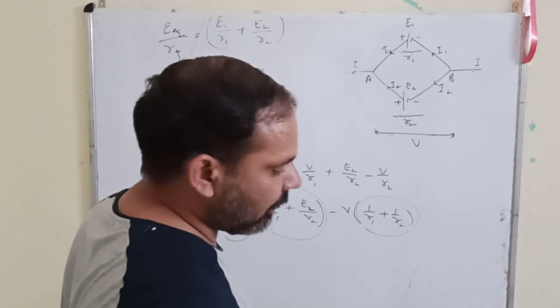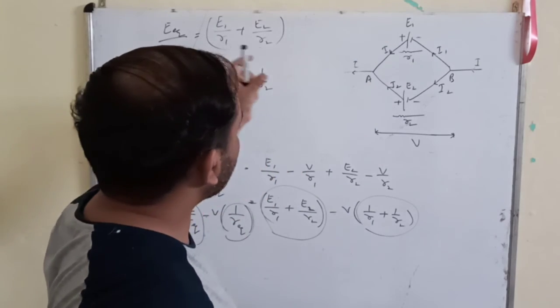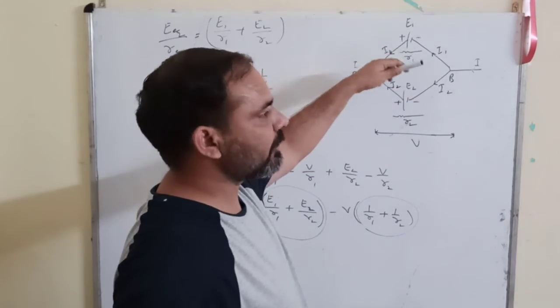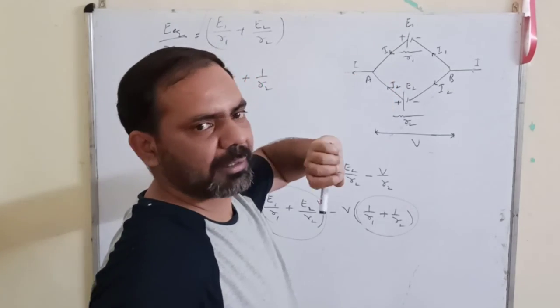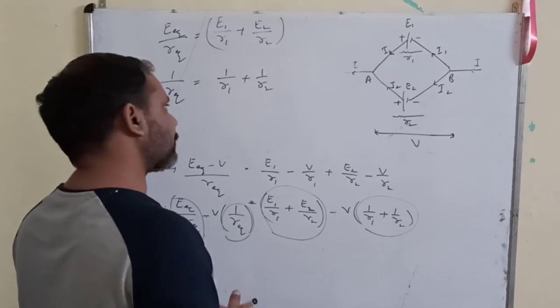Now suppose our cells have similar nature. Similar nature means their EMFs are equal, and their internal resistances are also equal.